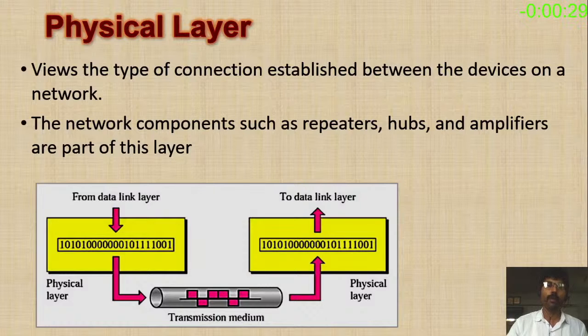Which type of network is established between these devices is also identified by the physical layer. Some of the components we use in a network, such as repeaters, hubs, amplifiers, etc., are designed on this physical layer. These devices work on the physical layer of the OSI model.